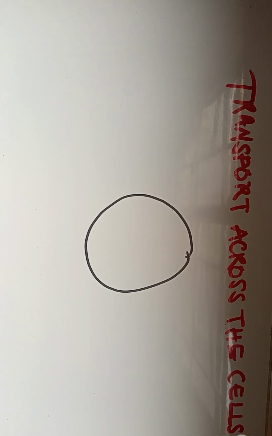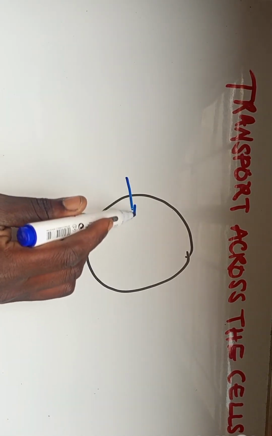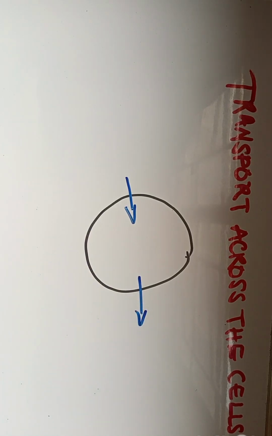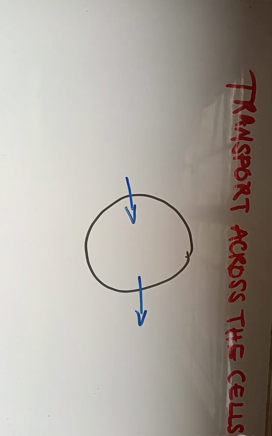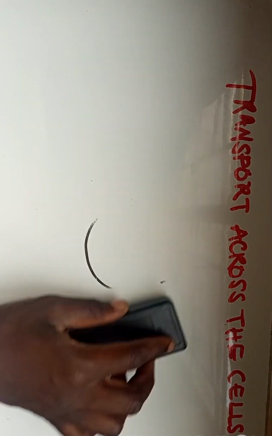For substances to enter the cell or to go out of the cell, these substances must undergo the three things which we are going to look at today, which most of you know.